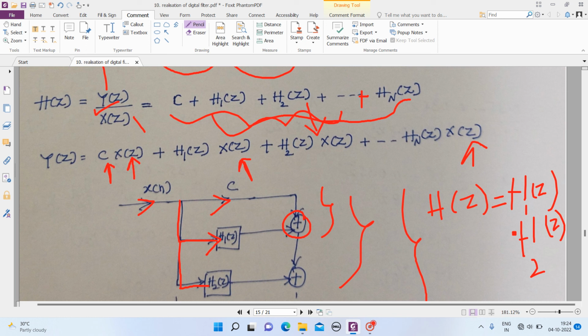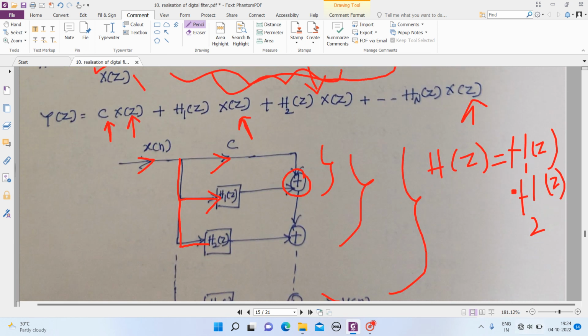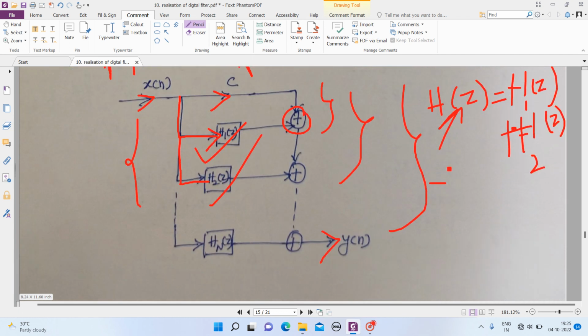We add all the transfer functions to get the final total transfer function. In the cascade form, we place the transfer functions one after another, but here we place one below another, so H2 of z is placed under H1 of z. This is the parallel form structure.